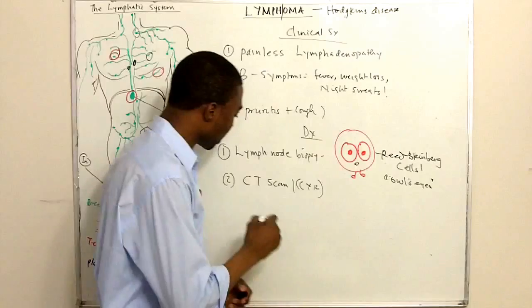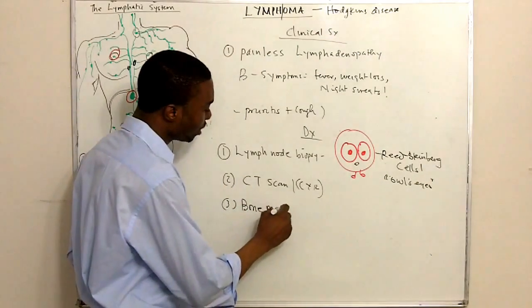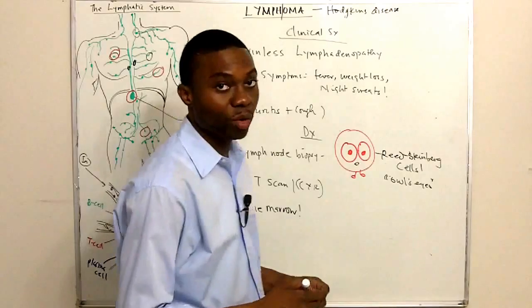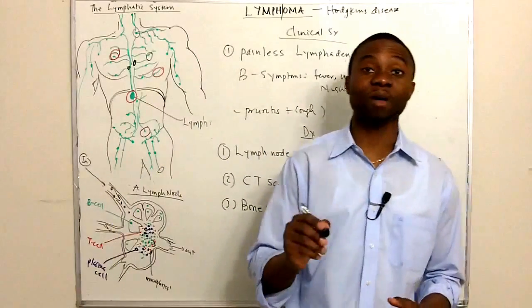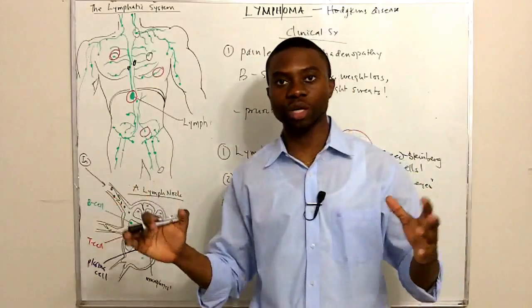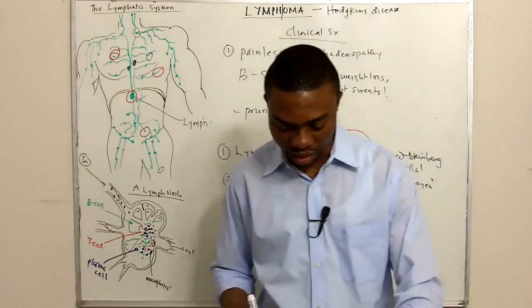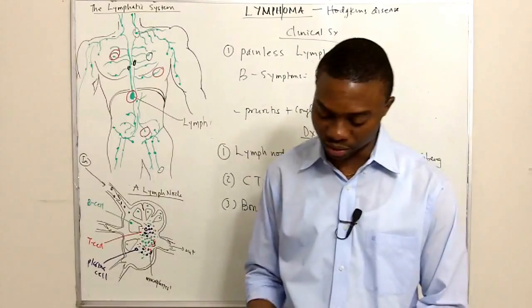And we might want to check the bone marrow to make sure the disease has not spread to the bone marrow, because if it has, that is a stage 4. Remember, stage 4 is extranodal disease, because it has moved out of the lymph nodes and migrated to other parts of the body.